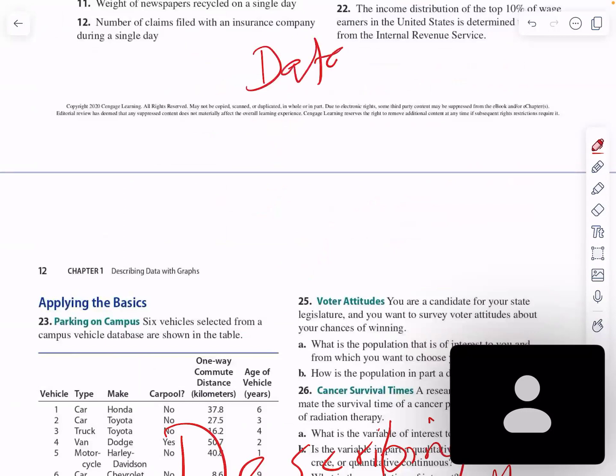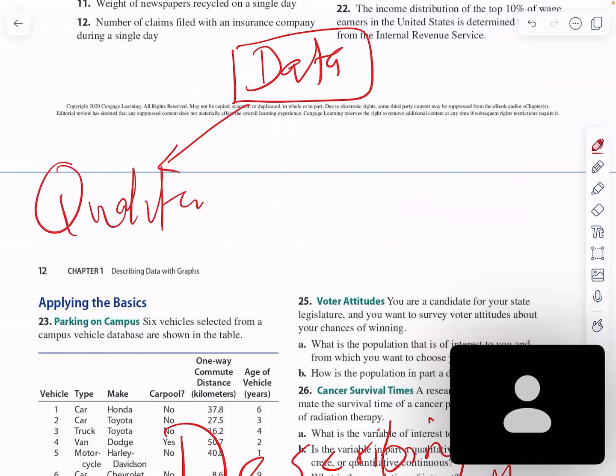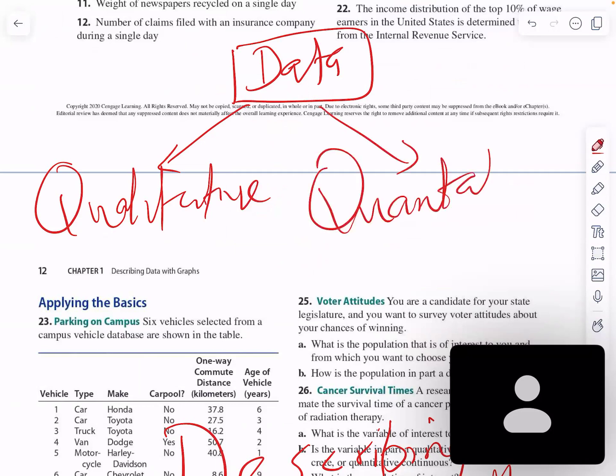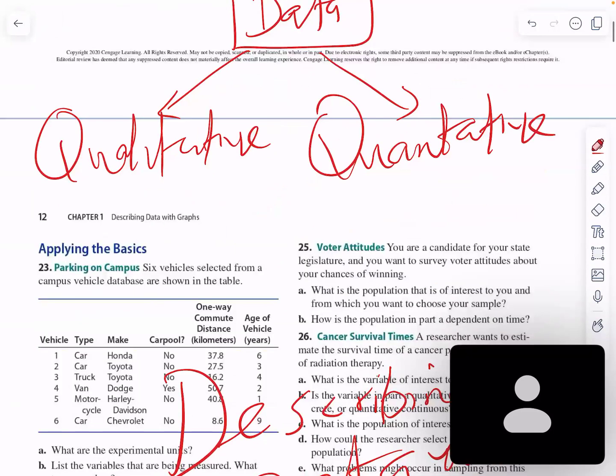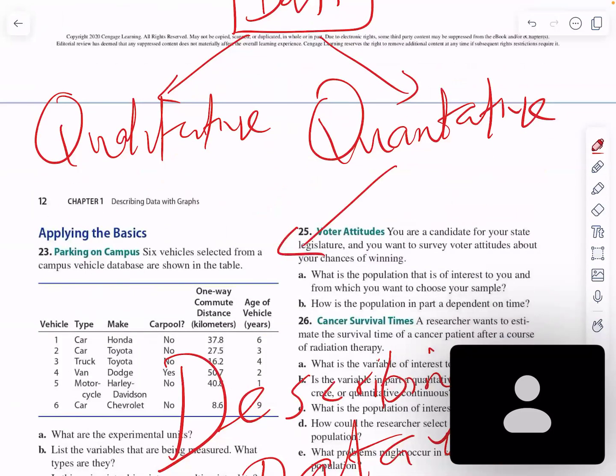Data can be qualitative and can be quantitative. And quantitative can be discrete and can be continuous.